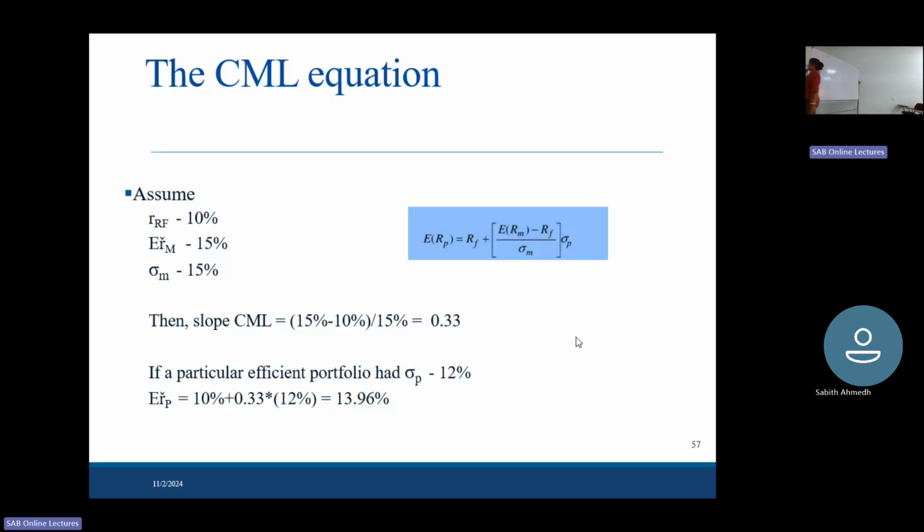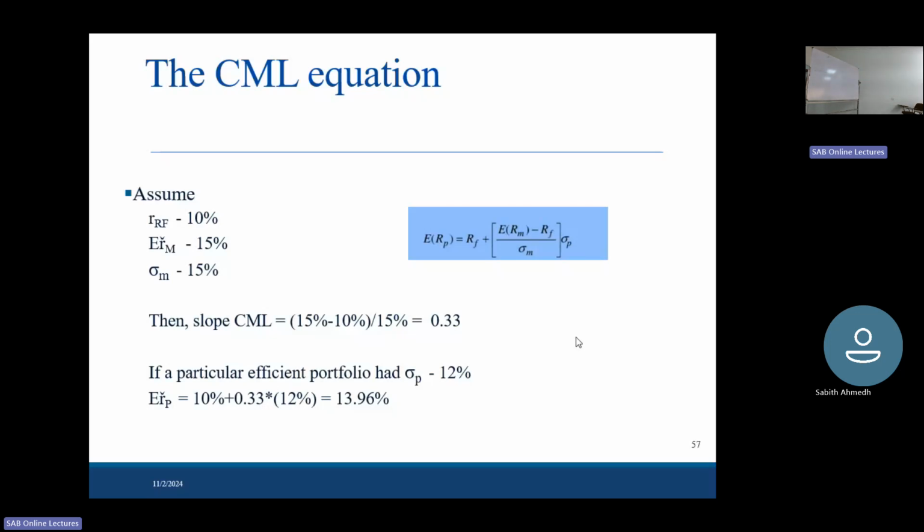This 12% indicates only the systematic risk. Why? This is an efficient portfolio, so the unsystematic risk is diversified away. Therefore, standard deviation indicates only the systematic risk.